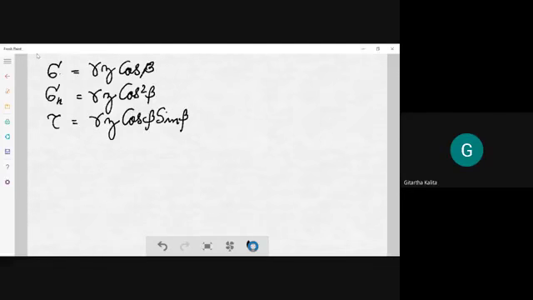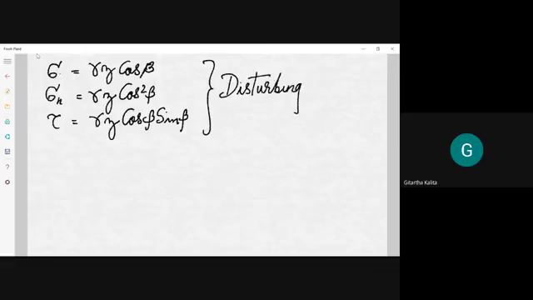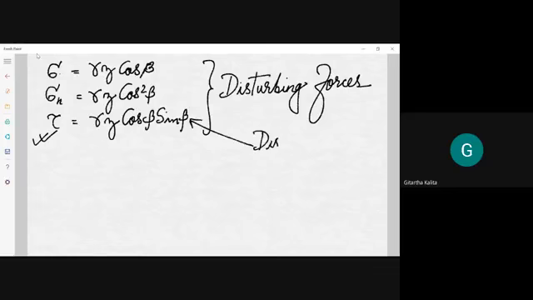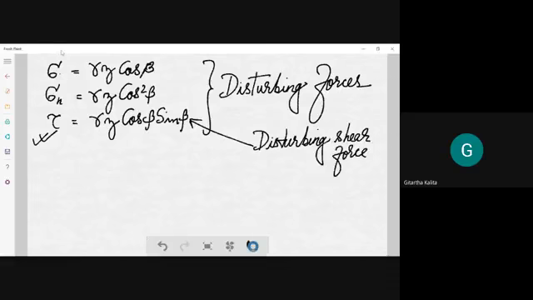Now these values are the disturbing forces, and the force that is actually doing the main damage is the shear. So this is the disturbing shear force, which is mainly doing the damage.